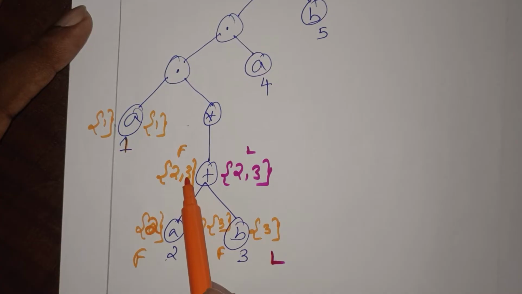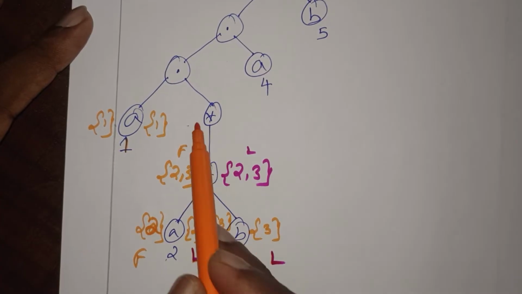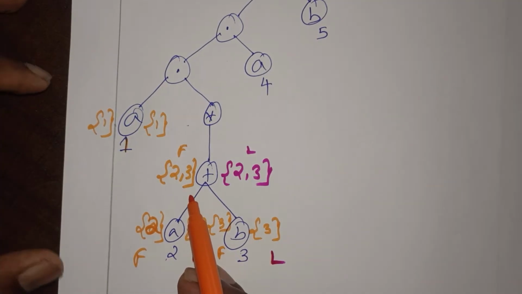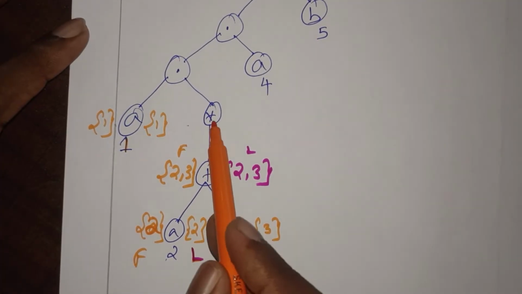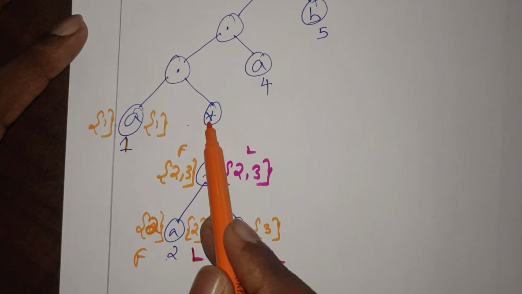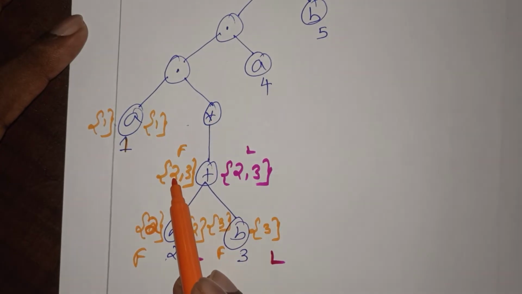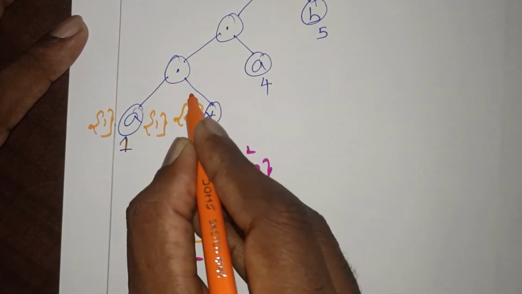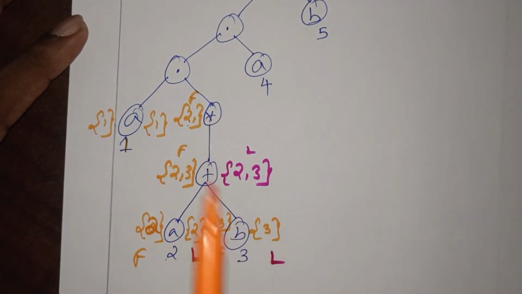Now I am going to do the same for this particular closure. As I told you already, closure will have the first position of A. If you remember what I taught in the procedure, you can understand. What is the first position of this closure? It will have the first position of this plus. What is that? 2 comma 3. So this is the first position of closure.